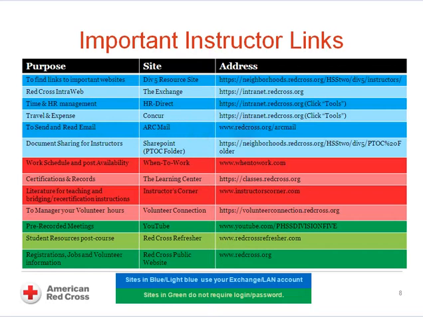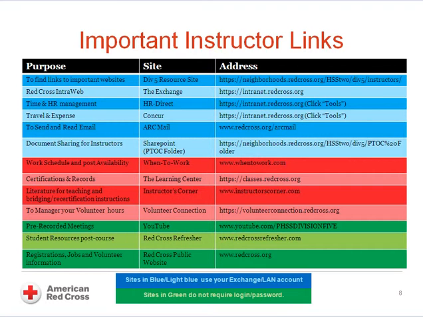That's redcross.org/ArcMail. To access the shared documents that we put in the SharePoint, you want to go to the PTOC folder. So that's the https://neighborhoods.redcross.org/HSS2 div5/PTOC %20 folder.